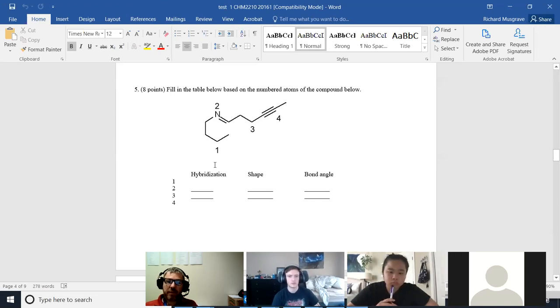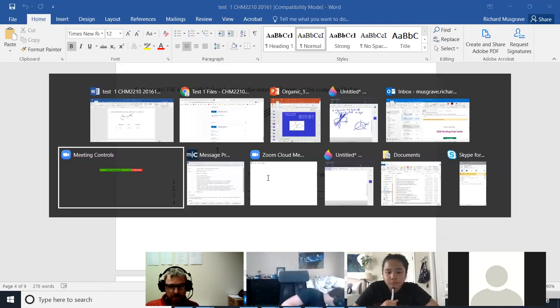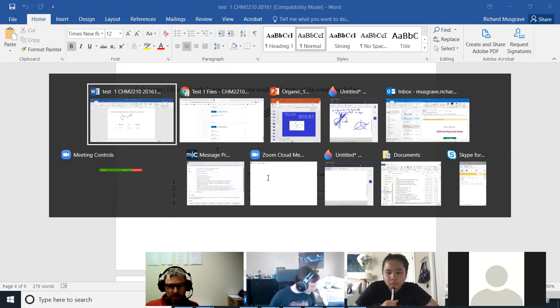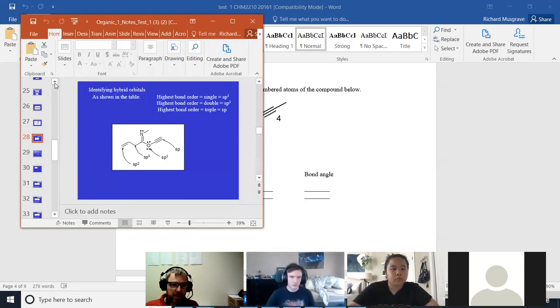Now the shapes. Sp3 is tetrahedral, and the bond angle is 109.5. Sp2 is trigonal, and the bond angle is 120. And Sp is linear, and that's going to be 180. So that comes back to this table here that I was showing you earlier.